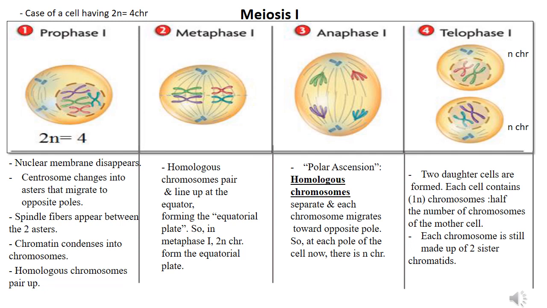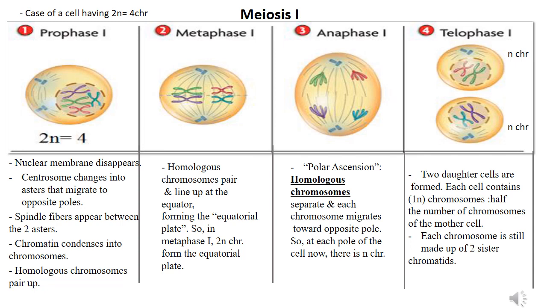No, because in the case of meiosis 1, the homologous chromosomes pair and line up forming the equatorial plate.